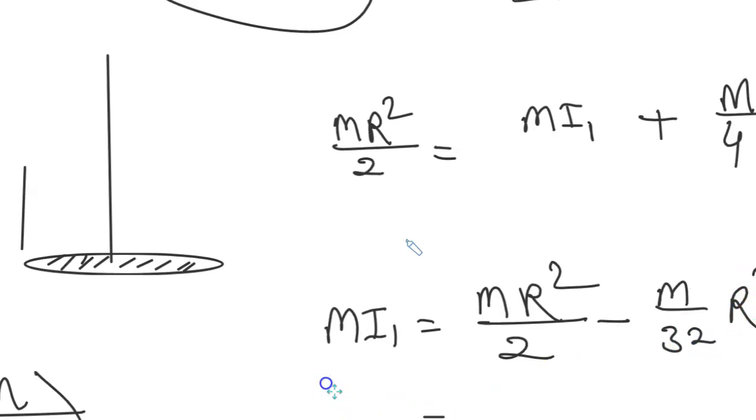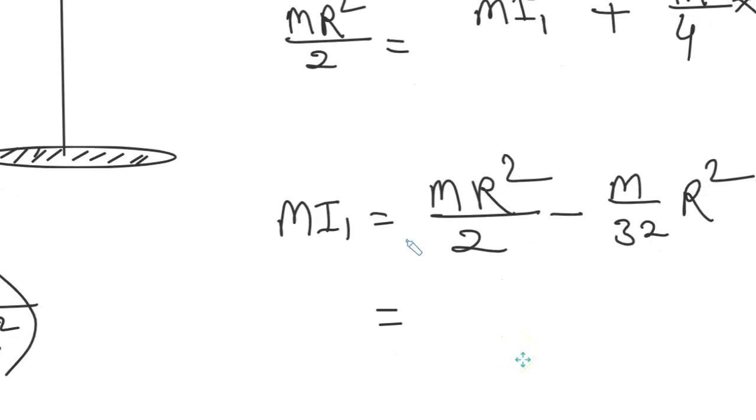Please calculate it and tell me the answer. It is 16 minus 1, so 15 divided by 32 m r square. Good.